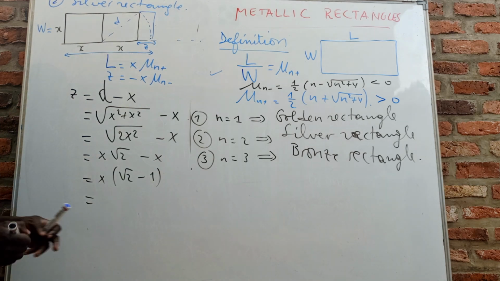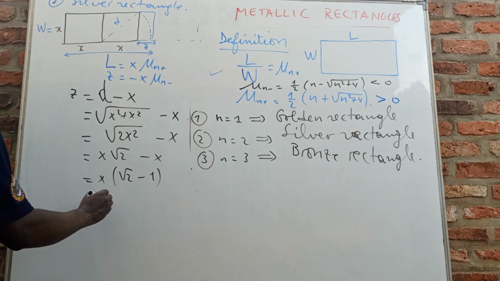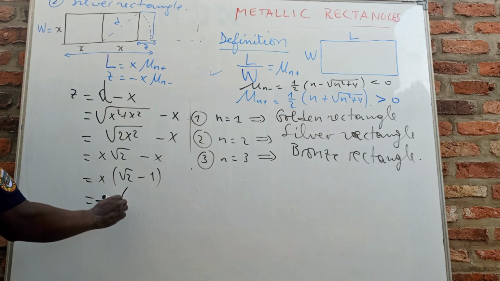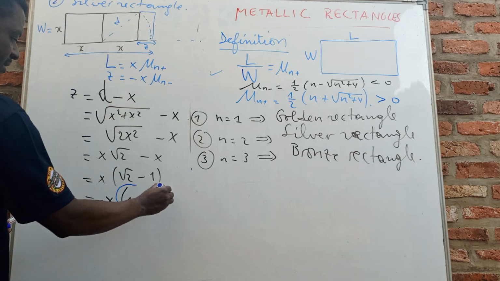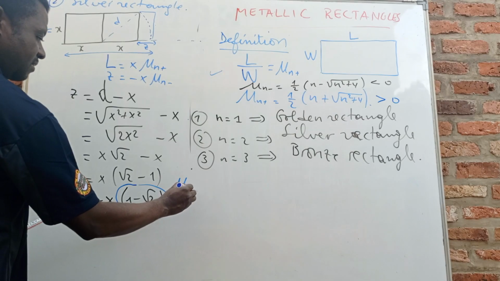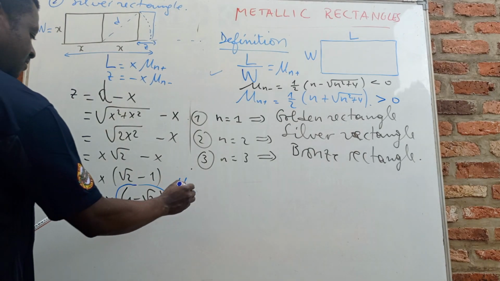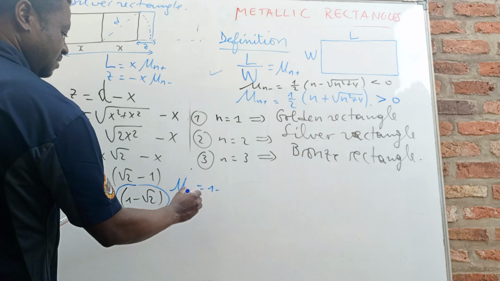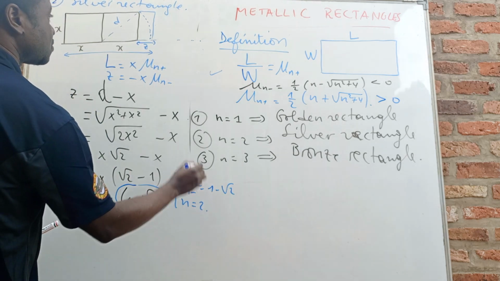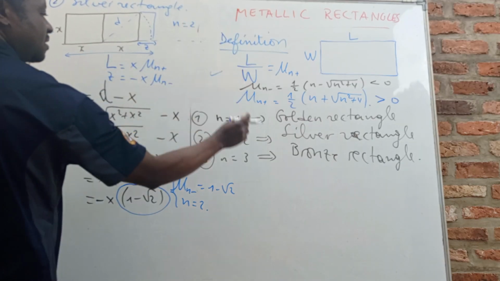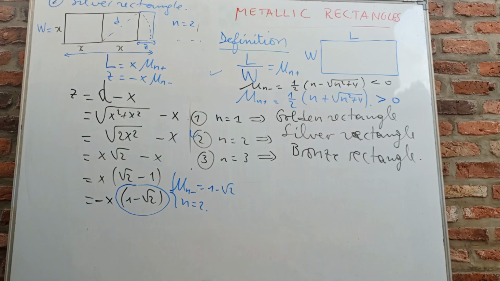Now it is clear that this is the opposite of the silver ratio. If I start by negative x, you're going to have 1 minus square root 2, and this is exactly the silver ratio with n equal to 2.